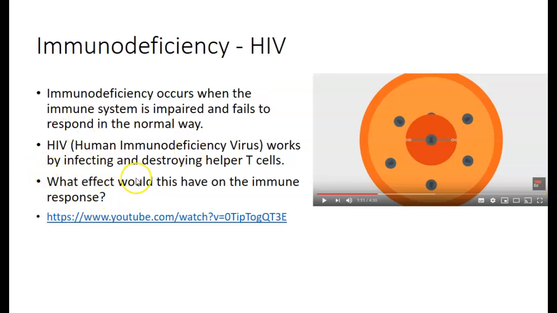And that is the whole adaptive immune response. So people who are suffering with HIV will eventually get to a point without treatment where they don't have functional T helper cells, and therefore their adaptive immune response is shut down.